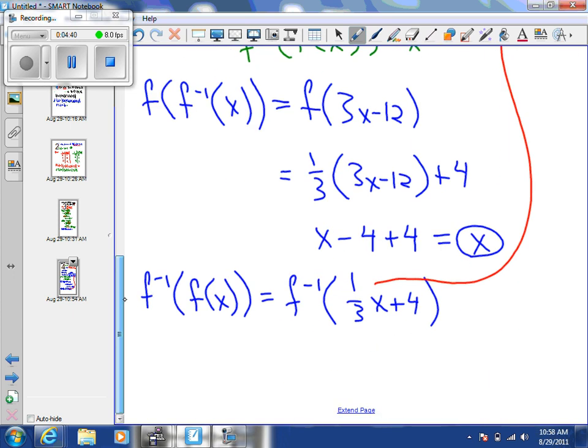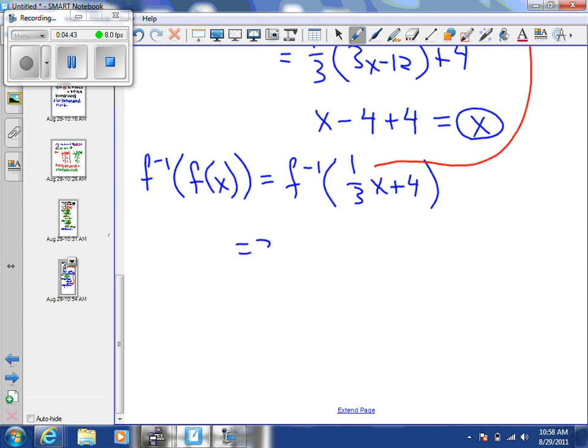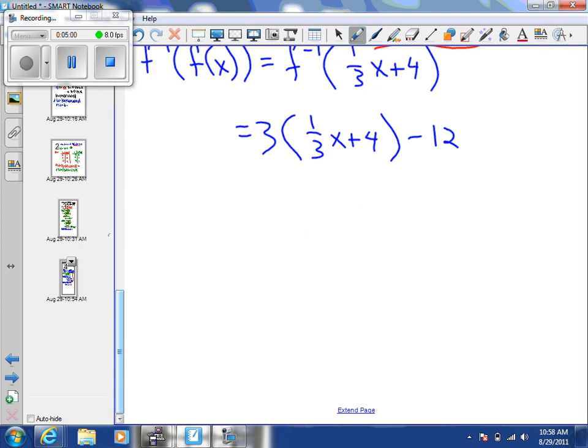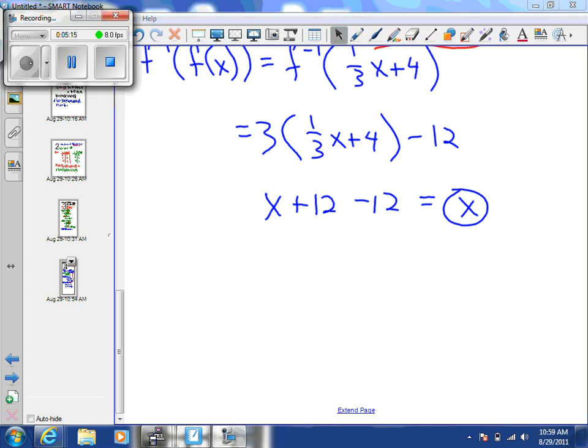So it's 3 times 1/3 x plus 4, minus 12. I took 1/3 x plus 4 and put it in for x into the inverse function. If I simplify, I should get x. I distribute and get x plus 12, then minus 12 at the end. Plus 12 and minus 12 cancel, and I get x. So I've definitely got the inverse here.